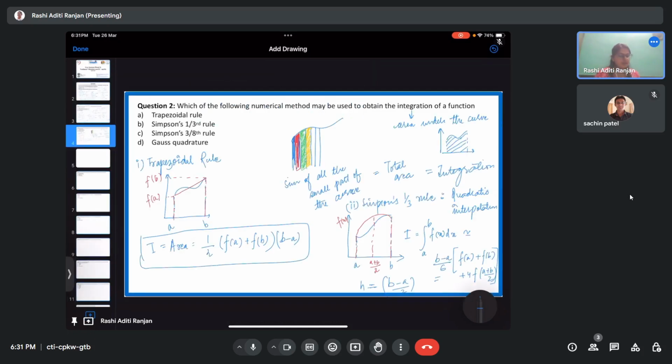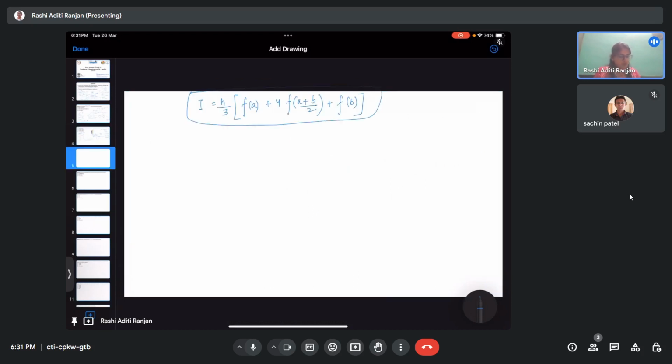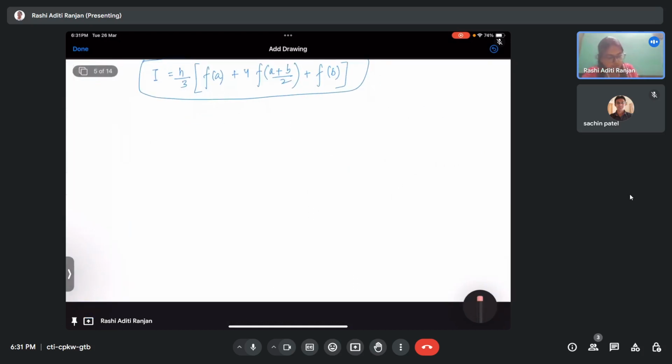Similarly, I have the Simpson's 3 by 8 rule also. Coming on to Simpson's 3 by 8 rule. Now see, here we have cubic interpolation. In the previous one we had quadratic interpolation.